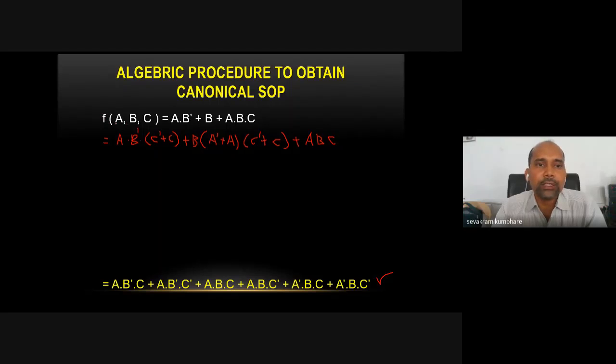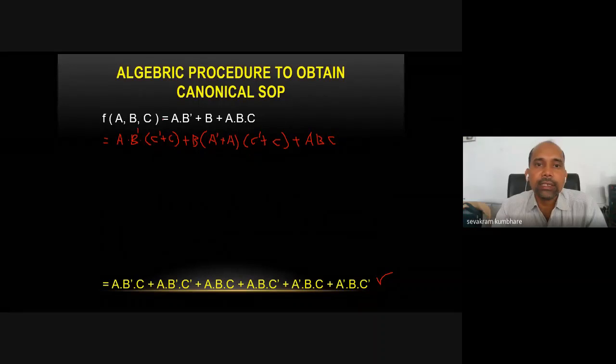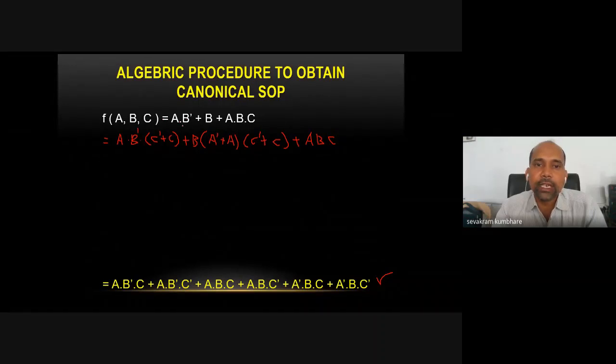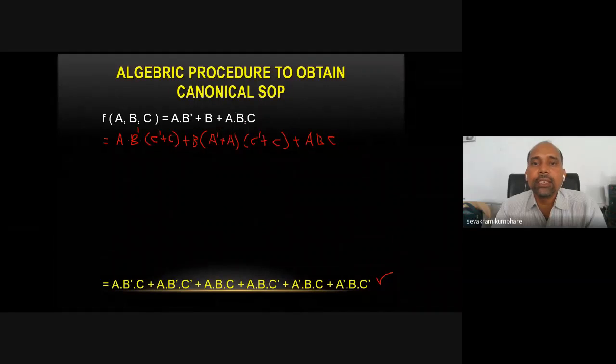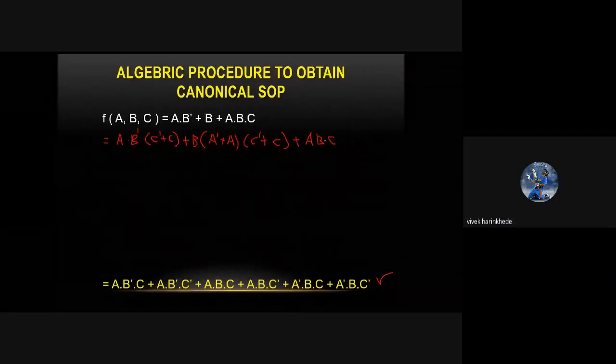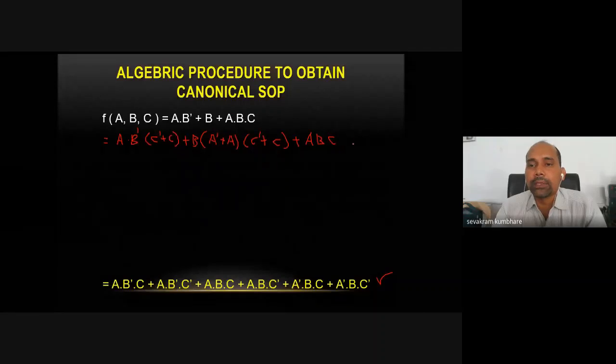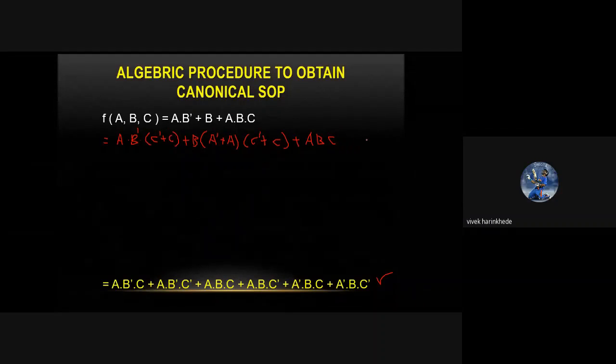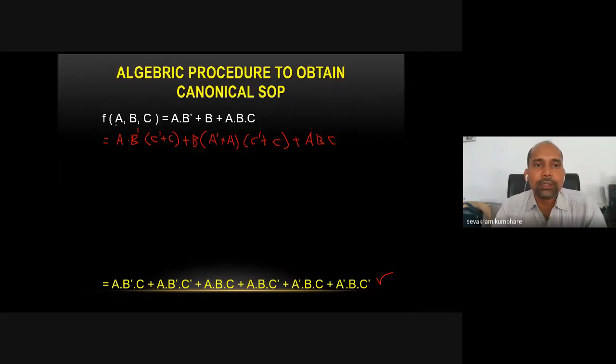If it is mentioned as f of a, b, c, d, it means that the term is missing d as well, and in that case you multiply by d bar plus d. Since in this function f of a, b, c is mentioned, it has only 3 variables. That's why we are using this.